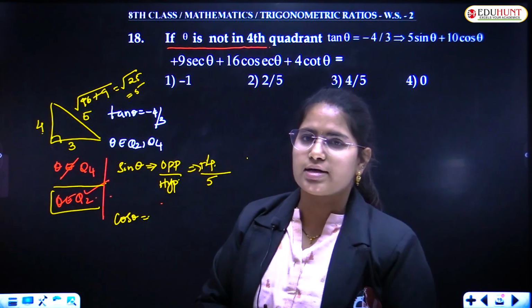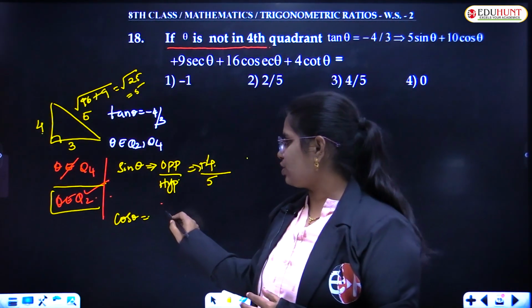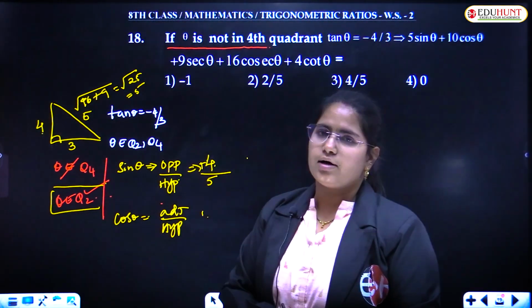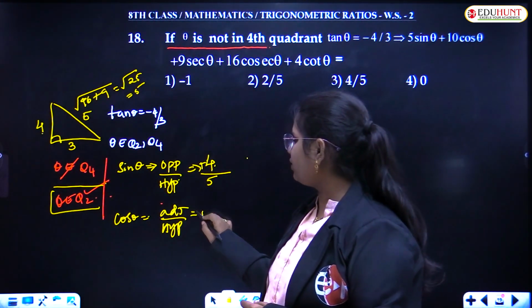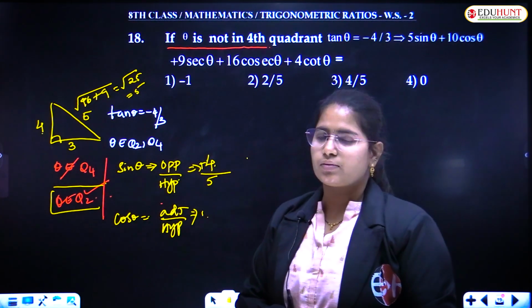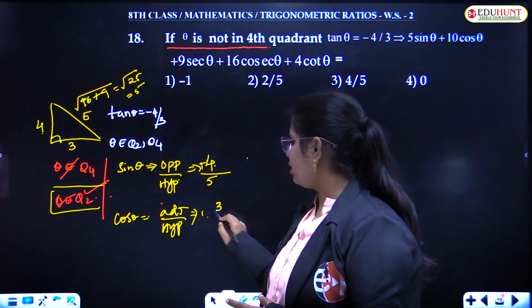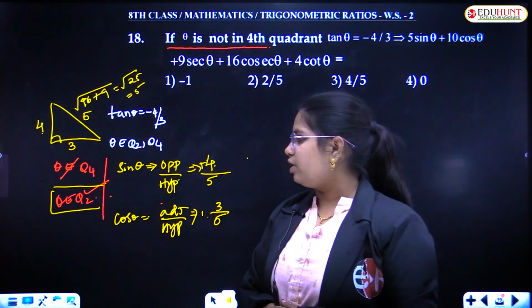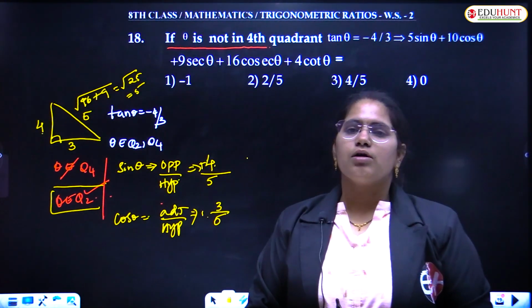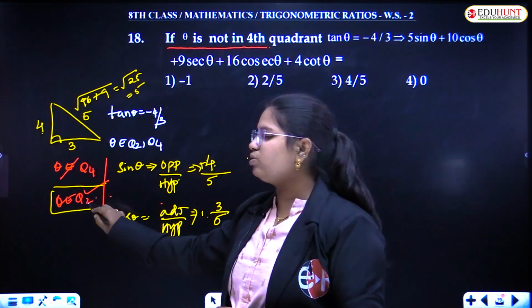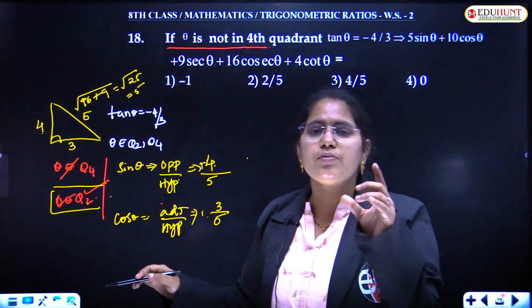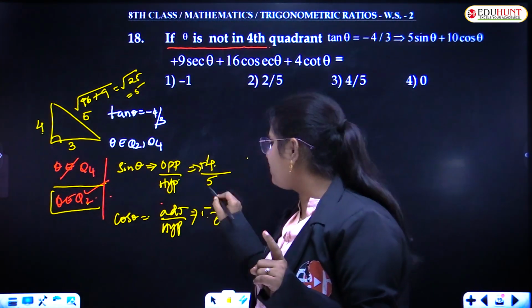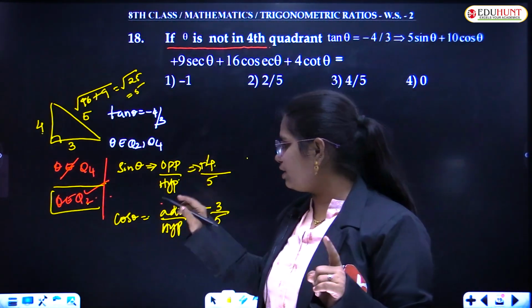Adjacent is 3 and hypotenuse is 5, so 3 by 5. But in the second quadrant, cos takes a negative sign, so I need to keep minus here.